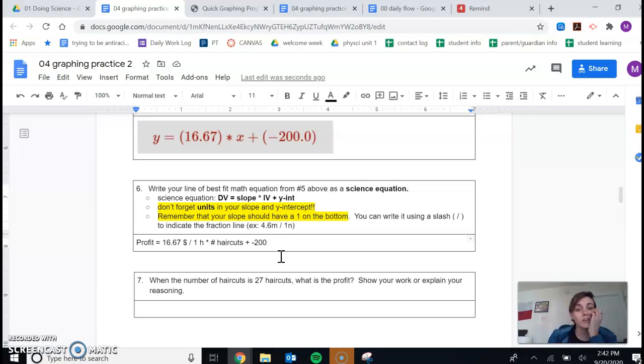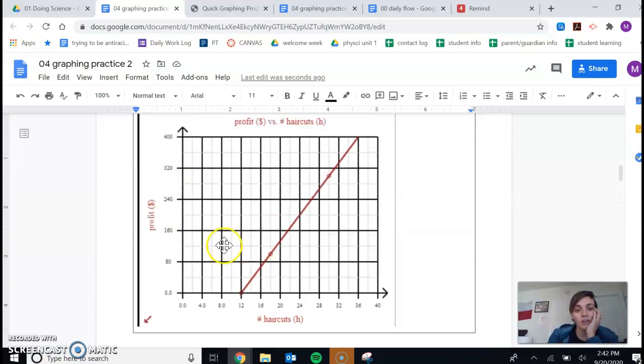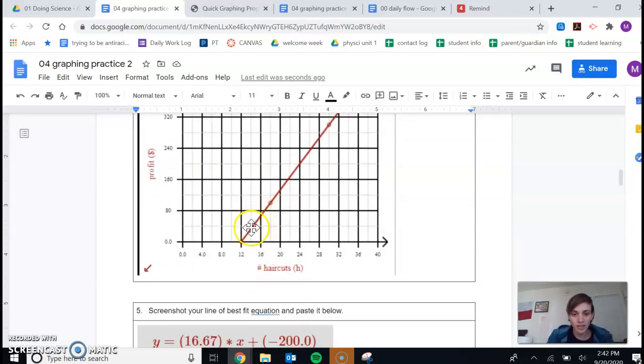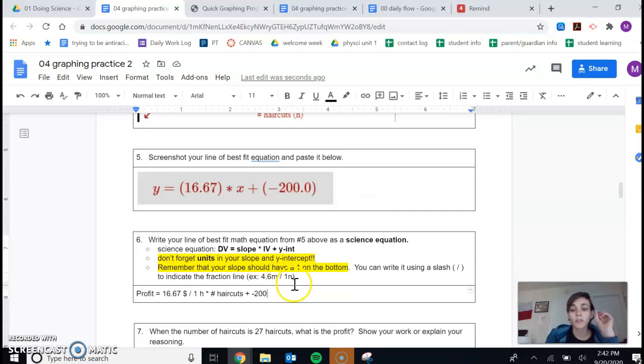Okay, you can't see it on the graph, but if you brought this line down, down, down, it would cross the y-axis at negative 200. And so my units for my y-intercept would be dollars, because it's always about the y-axis, and the dependent variable is on the y-axis. So my y-intercept always has DV units, so it's going to be dollars.